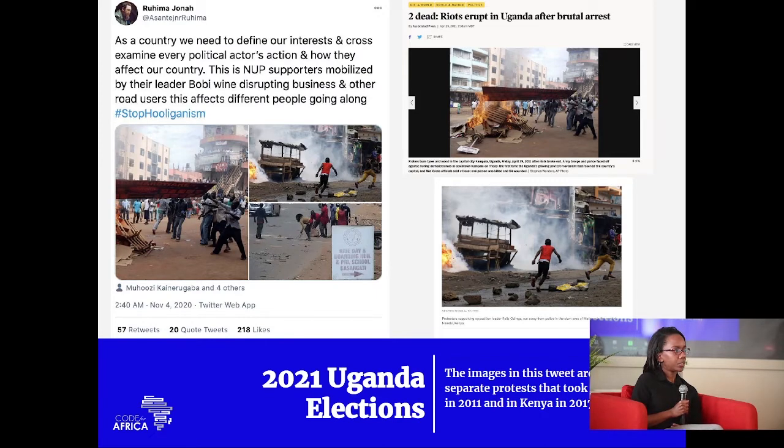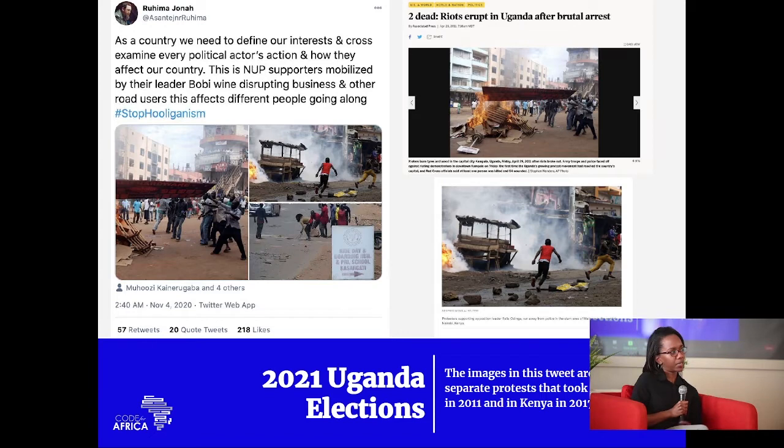And of these images, one was from a riot in Uganda in 2011, and another one was from Kenya in 2017. And in the dossier, we found many more examples of such repurposing of images. There was yet another one repurposed from Kenya.